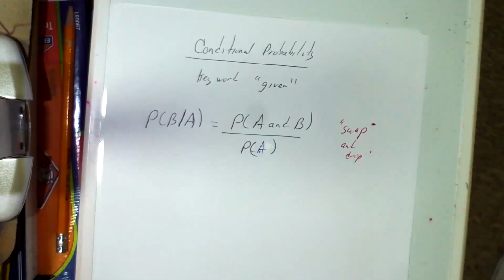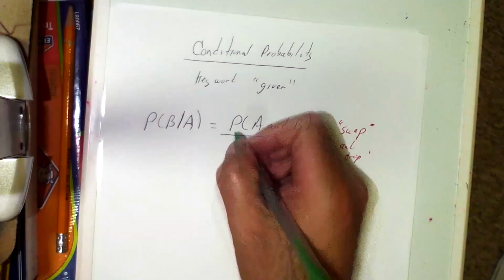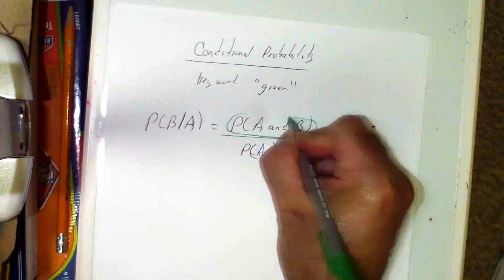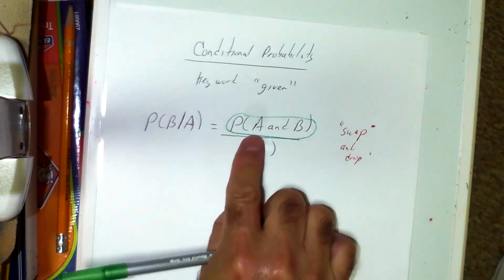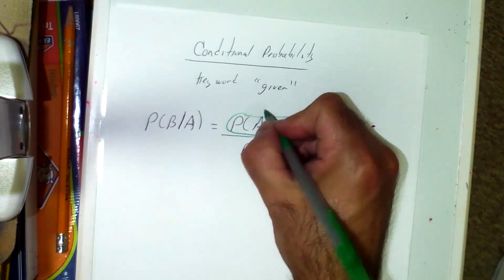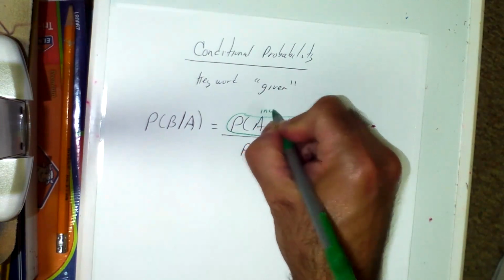Swap and drop. Okay. Now, when you go in, you're going to get a Punnett square again. You'll be working with Punnett squares. So just letting you know, when you do your Punnett square, the value that belongs to the top portion of the formula is going to be a value where they intersect.